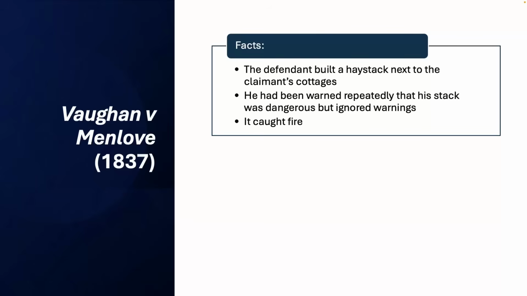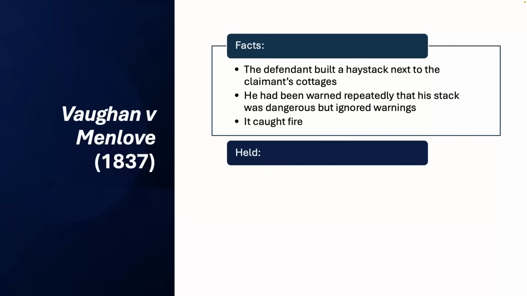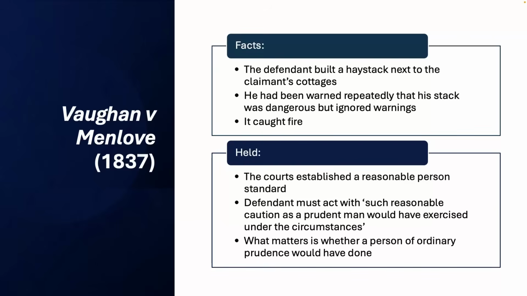And this is exactly what happened. It caught fire, and that caused damages to the claimant's properties, the claimant's cottages. And the courts established the reasonable person standard in this case. They established a principle that a defendant must act with reasonable caution as a prudent man would have exercised under the circumstances. Honest belief or subjective best judgment is not enough, because what counts as honest belief or subjective best judgment is, as the name suggests, very subjective.